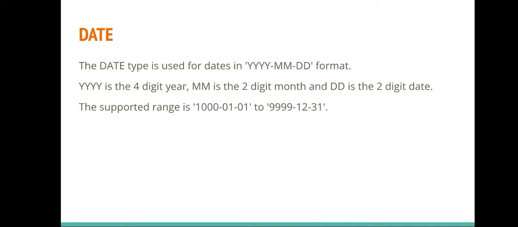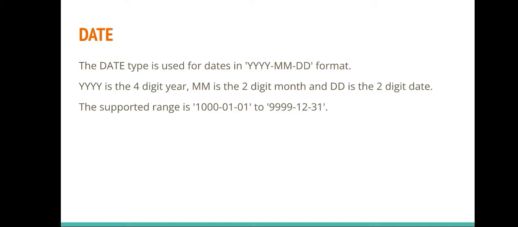The next data type is date. So in SQL, when we are using date data type for any variable, then we have to assign the values in the format. So we will write year first, then month, and then date. So this is the basic format, and for assigning the year we will use 4 digits.